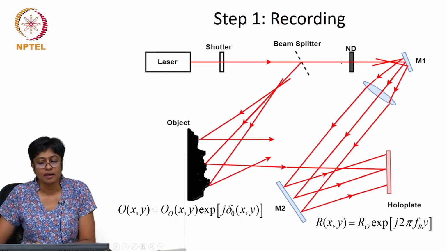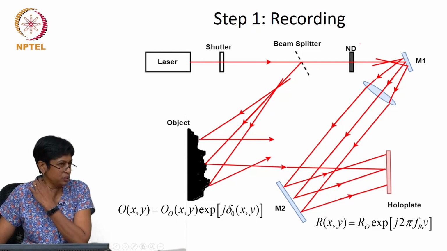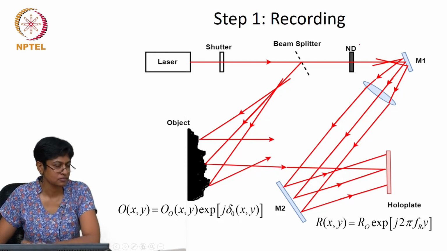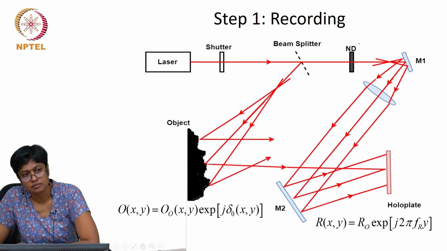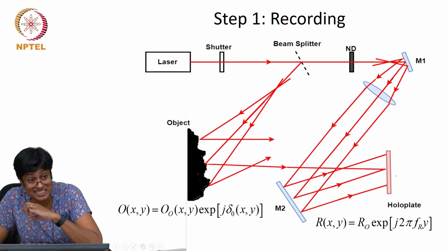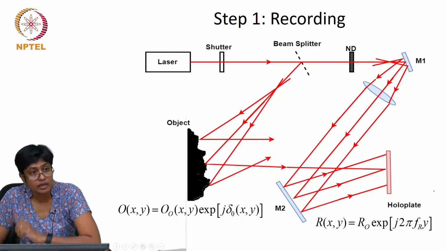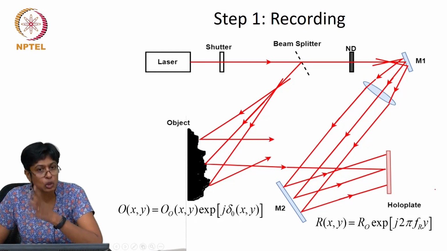This ND is actually a neutral density filter. It just cuts the intensity of light. Why do we have this here? To help with the visibility. You want the fringes that are recorded to have good visibility, that means they're seen well, the modulation depth is high. In order to do that, the intensity of both these beams must be as close as possible.